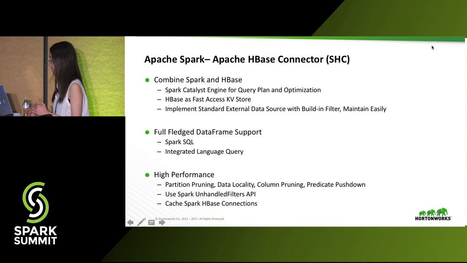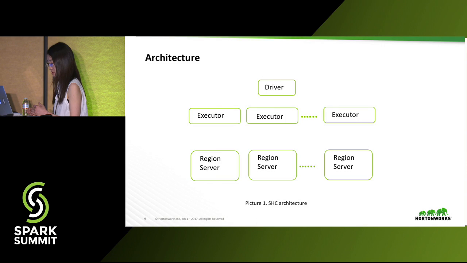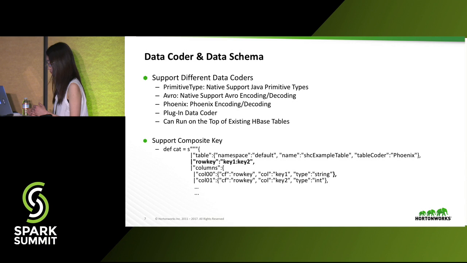Using Spark's unhandled filters API is an efficient optimization. This API tells Spark about the filters that have not been implemented in SHC, as opposed to returning all the filters. Without implementing this API, Spark will reapply all the filters once the data is returned from HBase.